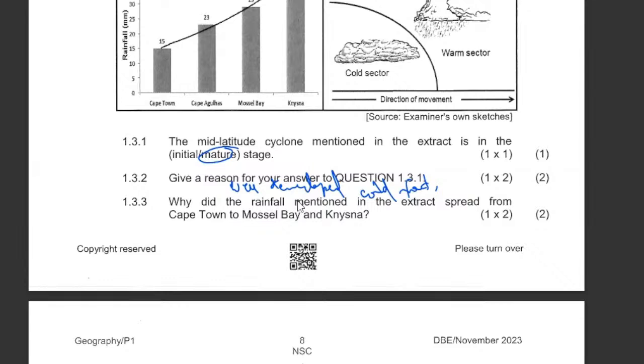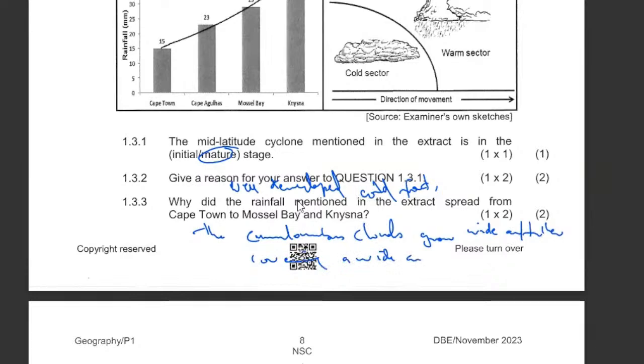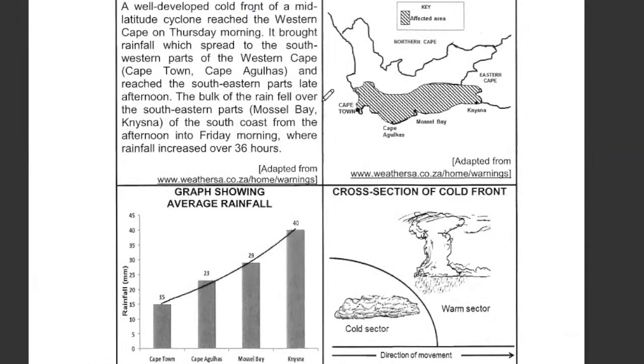Because the cumulonimbus clouds, the CB clouds, grow wider and taller, covering the wide area, which is indicated that it covers now from here to here, because this is the cold front, and the CB clouds are growing wider like this.